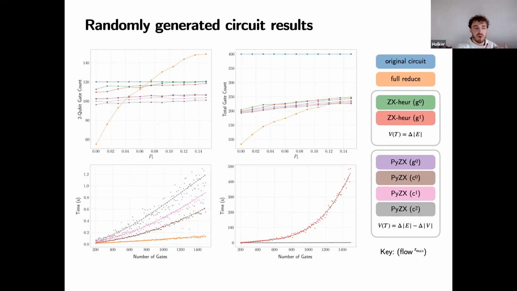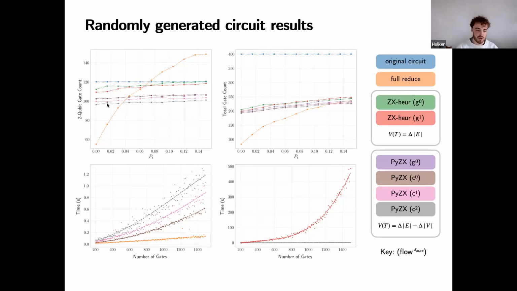By maybe allowing them to increase once and then allowing it to reduce before, that can lead to better transformations, and maybe in the future you could use some sort of annealing algorithm to decide whether increasing some may be more beneficial. But yeah, for purely Clifford circuits, the full reduce algorithm is still much better at reducing the number of two-qubit gates.